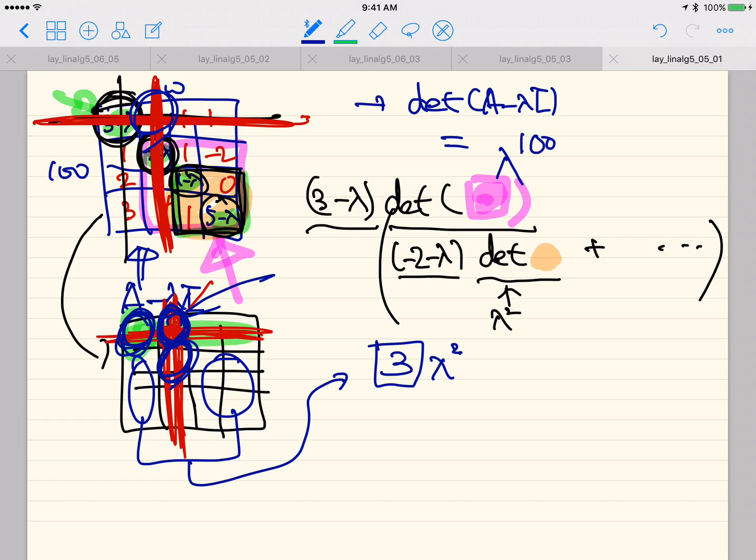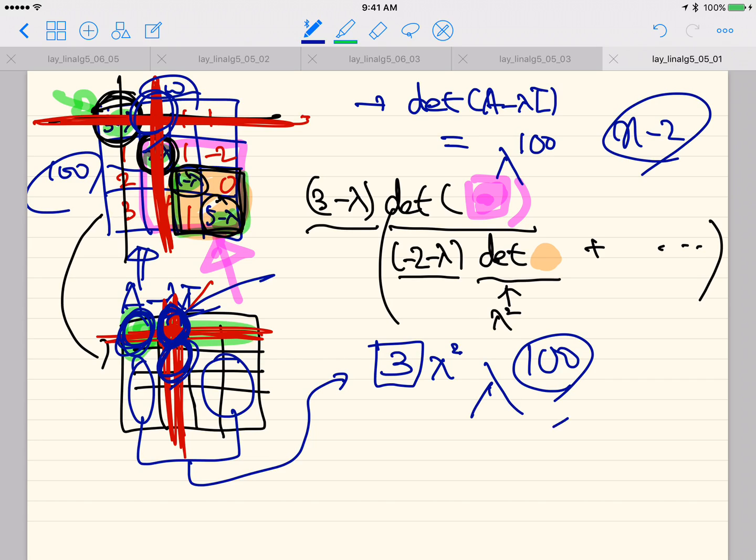So if we choose a non-diagonal entry in our cofactor formula, then the maximum order in this polynomial of lambda will be n minus 2. If it was 100 by 100, then we will definitely have lambda to the power of 100 when selecting all these diagonal ones. Then as we move onto the off-diagonal ones, we will have 98 or less.